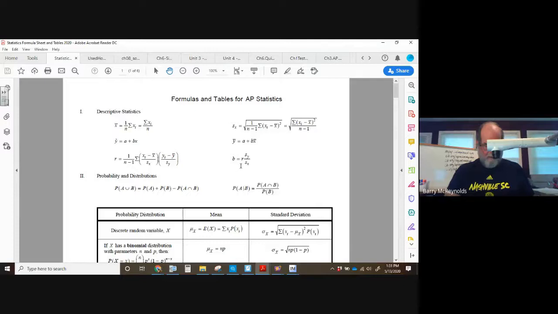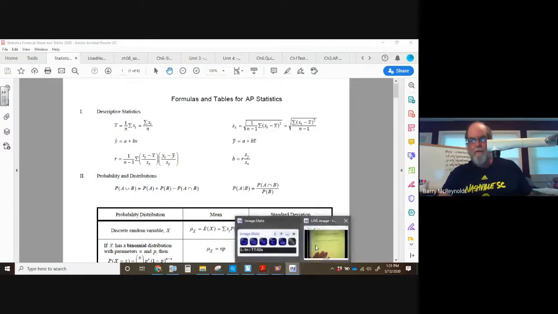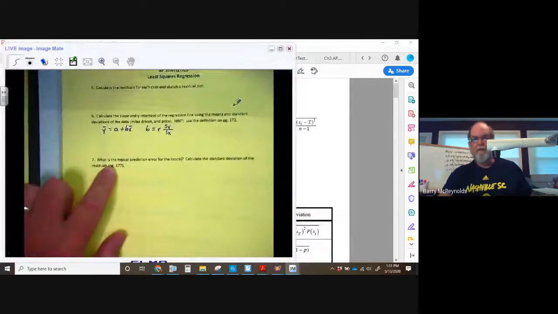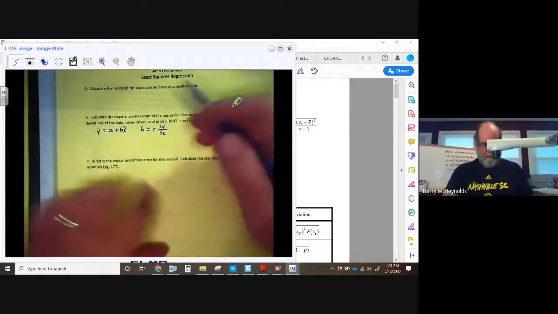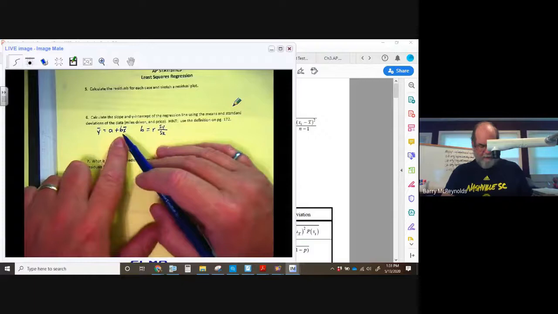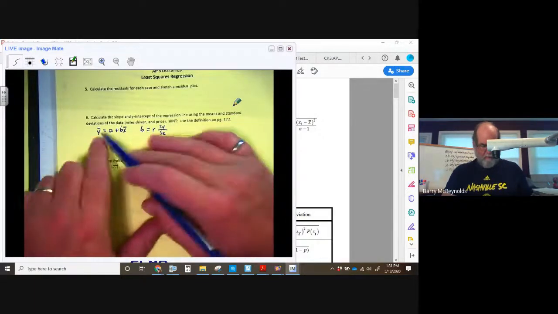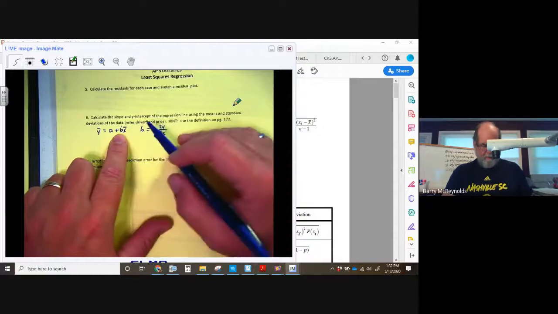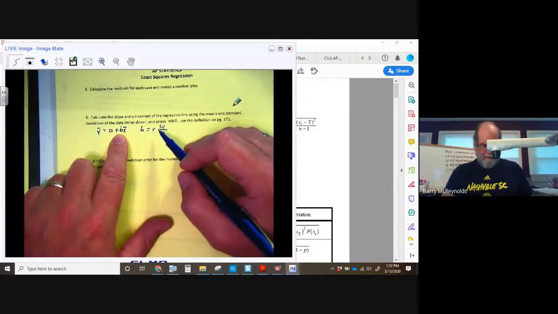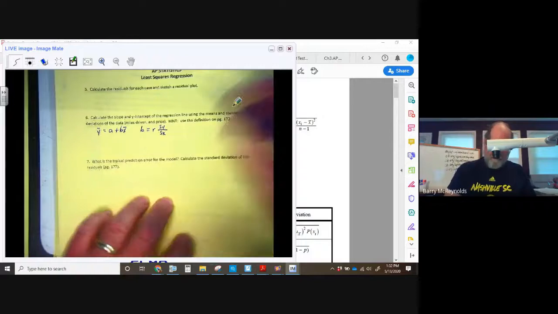So looking at these equations here, I have all the values I need, but I need to calculate B in order to plug into here. And so I'm going to go ahead and calculate B.